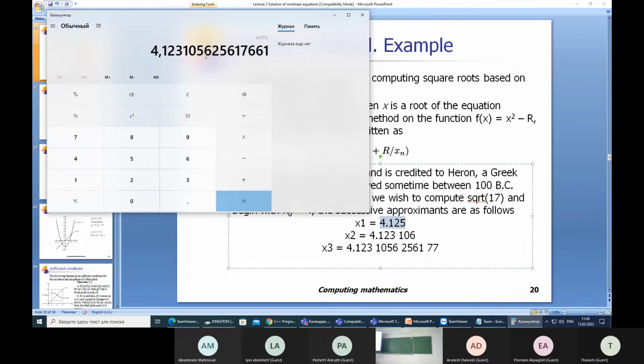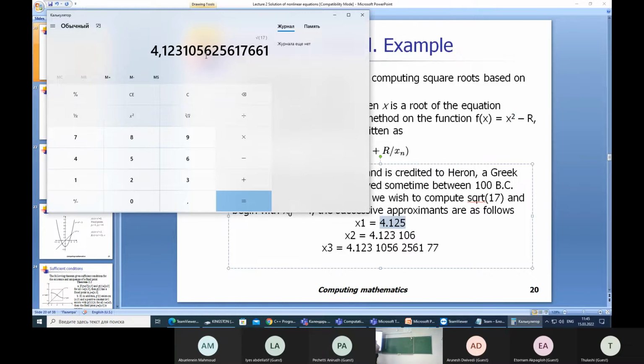Well, it's better to use this value and not just substitute x1 in this formula and use calculator to compute it. That's all. Right. But you see that the real value of root is 4.1231056, and in our case, 4.1231060.